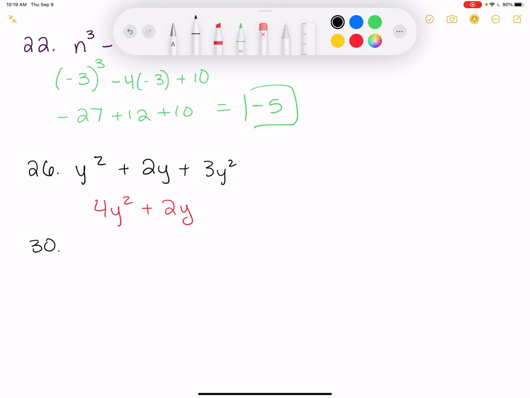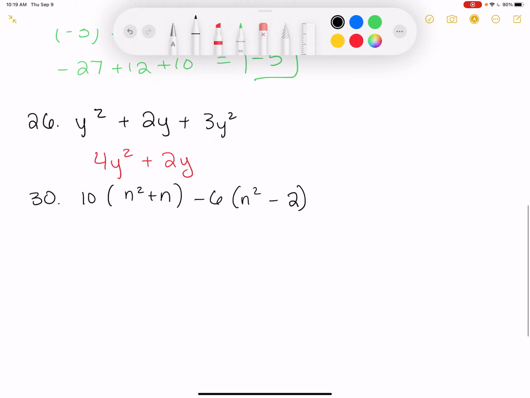All right, 30. We've got 10 times, in parentheses, n squared plus n. And then outside of that, we've got minus 6 times, in parentheses, n squared minus 2. All right, so with this one, what would I do? Distribute.